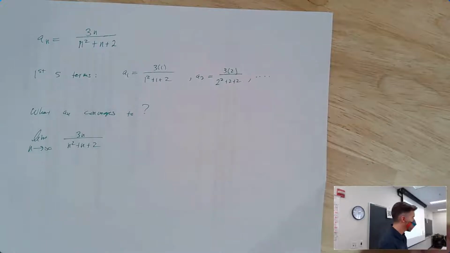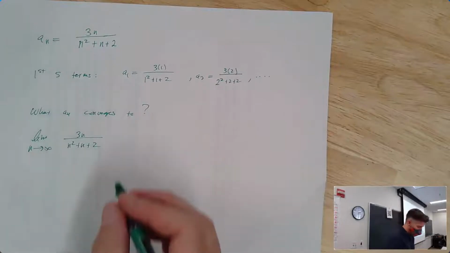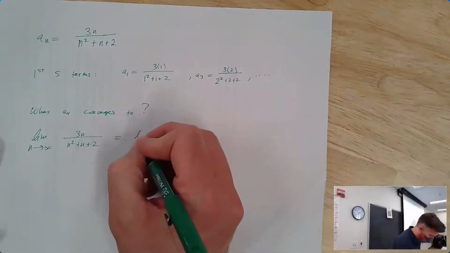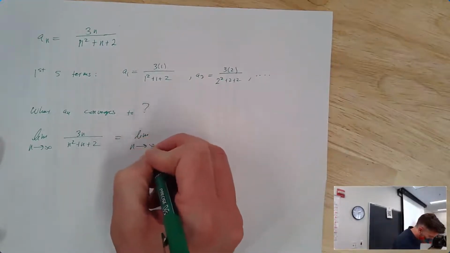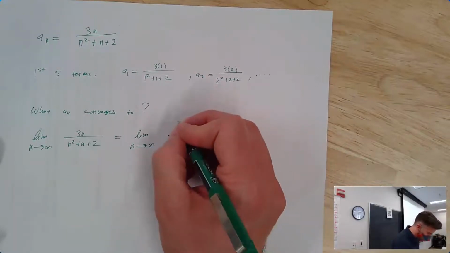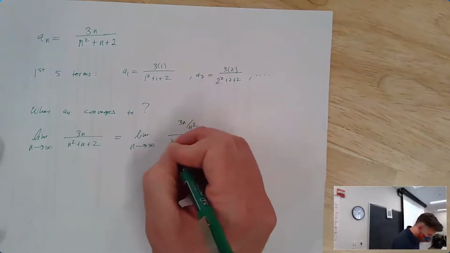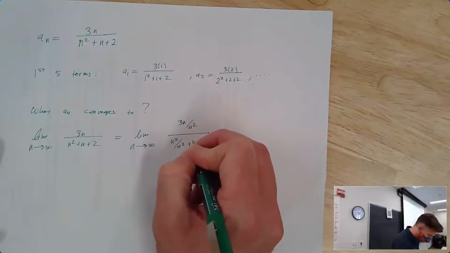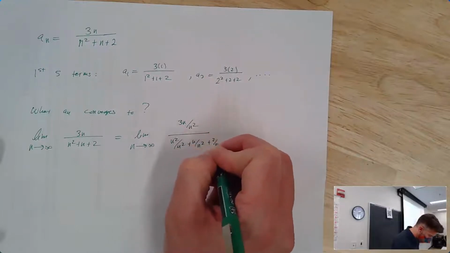Definitely going to be 0 because the degree on top is less than the degree on the bottom. And again, this is really what your teacher is going to ask you to do. If they want you to show work here, here's the work I would want you to show. I'm going to divide everything by the highest power of n in the denominator. I'm dividing everything by n squared.